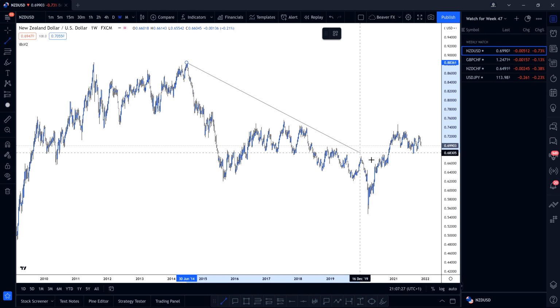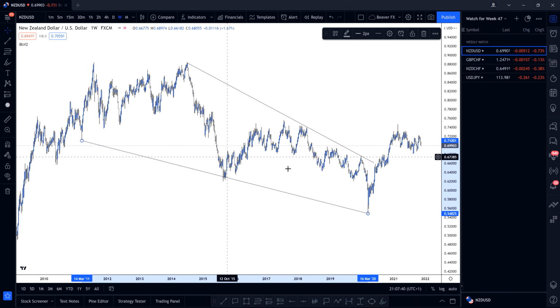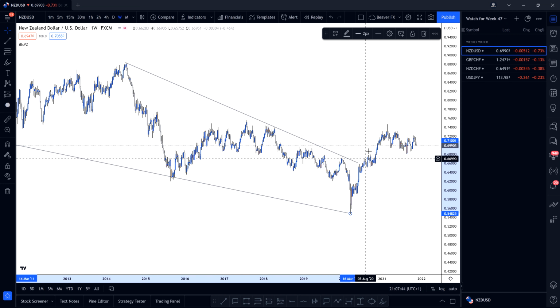So let's start by checking out trends. We have a descending channel here, what we generally know as a downtrend. For this downtrend, we have a break of the trend, and it's trying to cross the previous high.